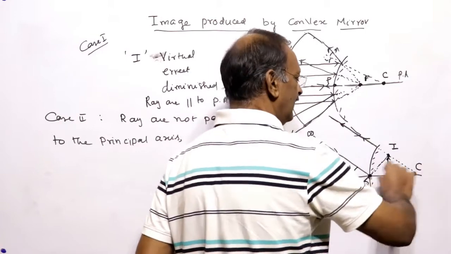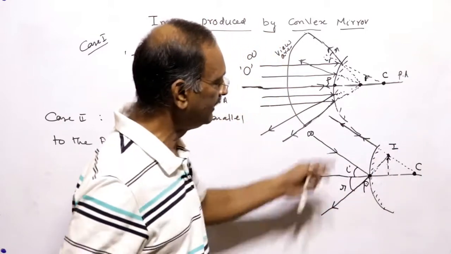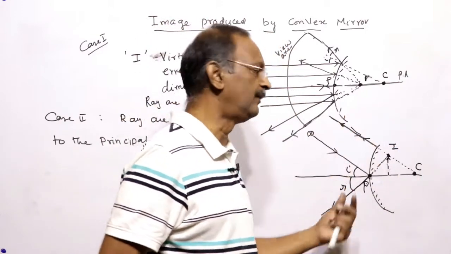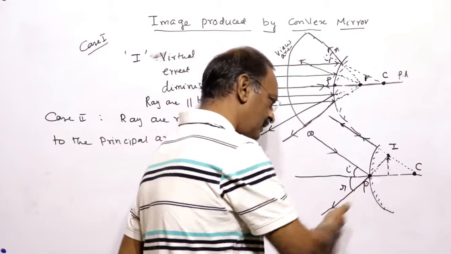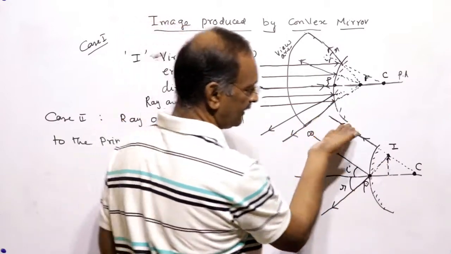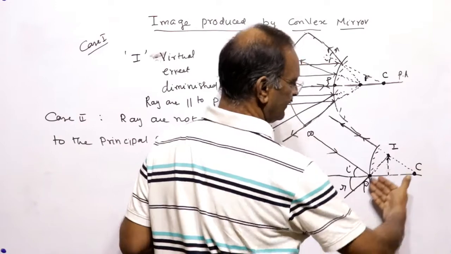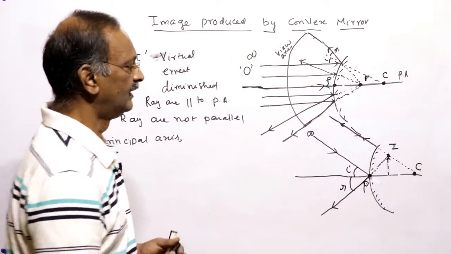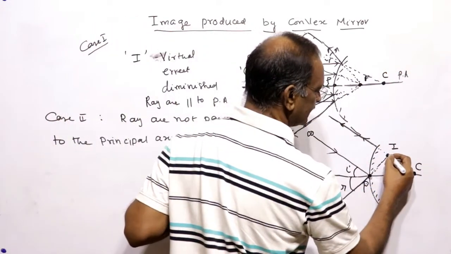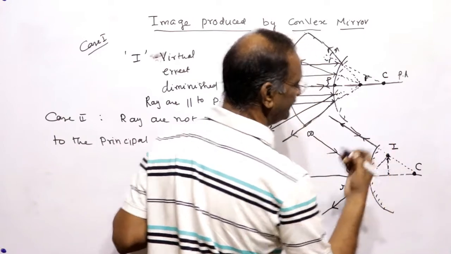When we produce them backward, the image is formed at the point of intersection of the reflected rays. One reflected ray goes this way, one reflected ray goes this way. When these reflected rays are produced backward, they seem to intersect at this point. At this point, the image is formed.